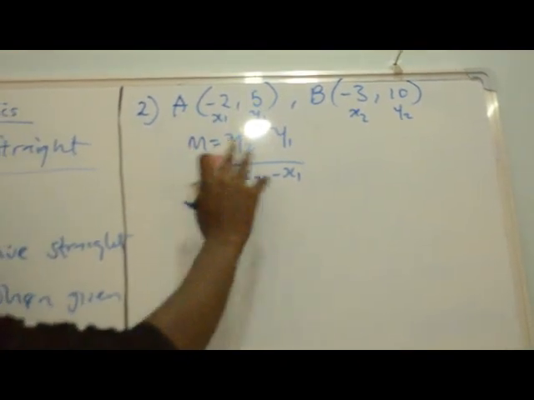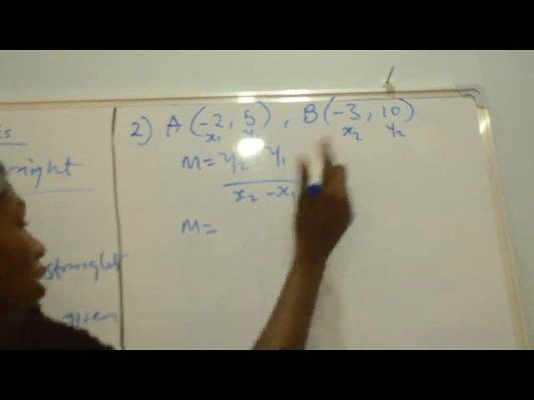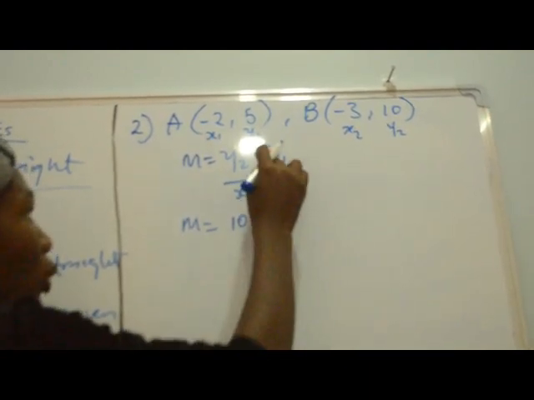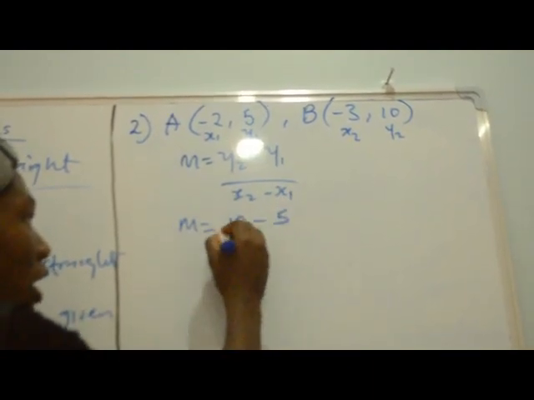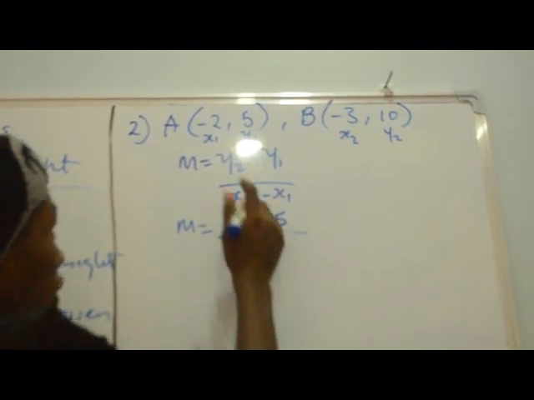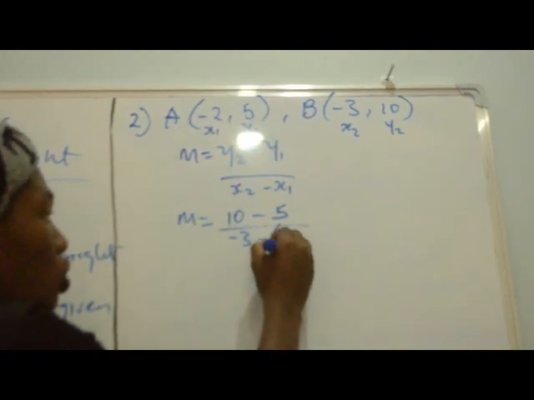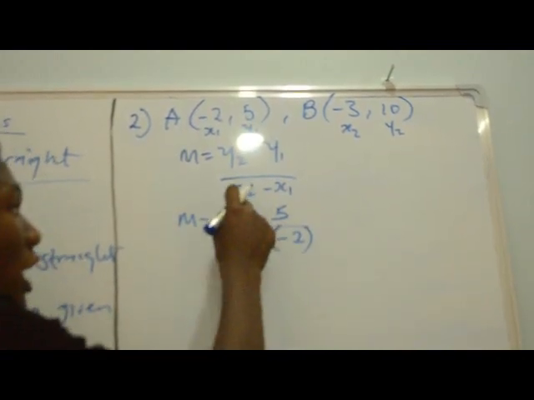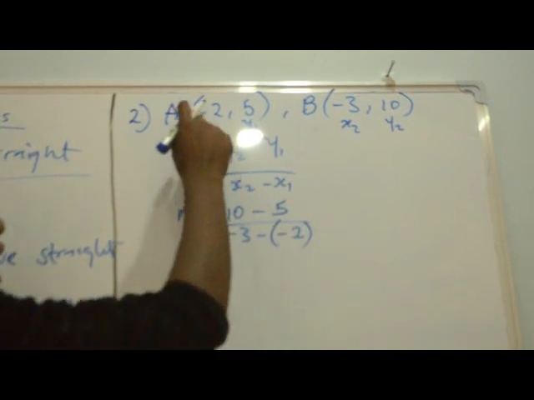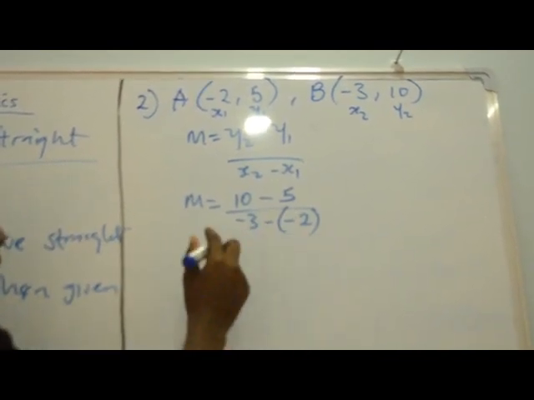So let's substitute for this. M, which is our gradient, is equal to y2, which is 10, minus y1, which is 5, and our x2 is minus 3 minus x1, which is minus 2. Now our x1 is also carrying a minus sign, that's why I'm putting it in a bracket.